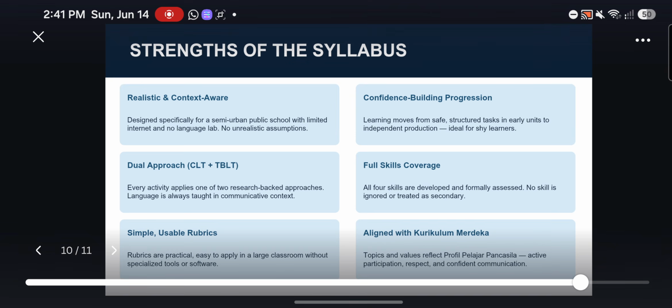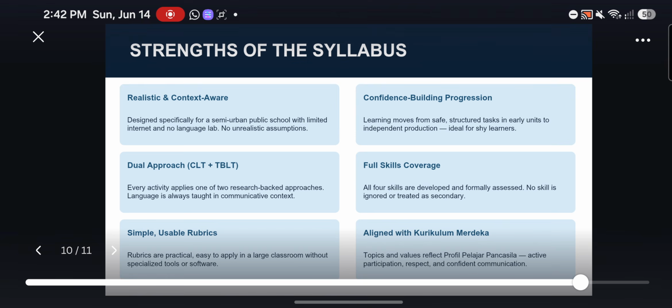Second, it has confidence-building progression. Learning moves from safe structured tasks to more independent production. This directly addresses the learner described in stage 1.